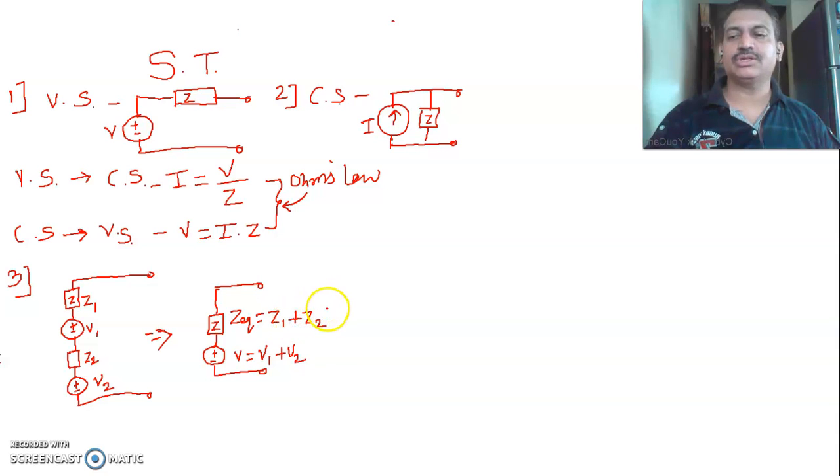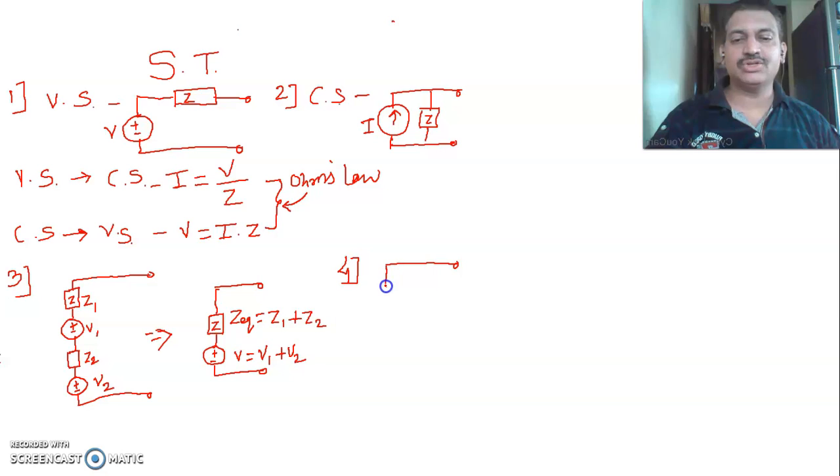So please remember, as we have two voltage sources V1 Z1 and V2 Z2 connected in series, we get the equivalent voltage as V1 plus V2, and since Z1 and Z2 are in series connection, its equivalent impedance is Z1 plus Z2.